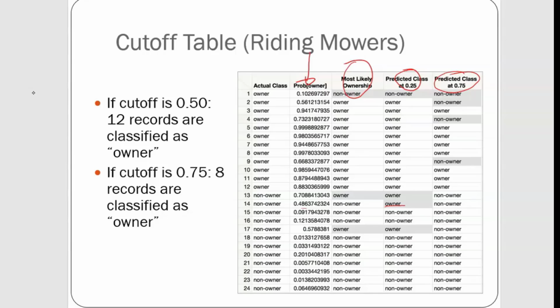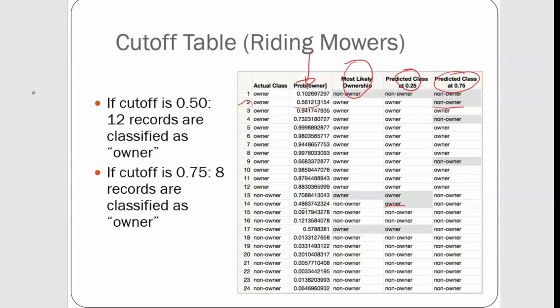Now notice what happens to record 2. This record had a probability score of 0.56, and our cutoff of 0.5 classified this person as an owner. But if we increase our cutoff to 0.75, then this person gets classified as a non-owner. The shaded cells tell us when our model got the predictions wrong based on what the actual class was.